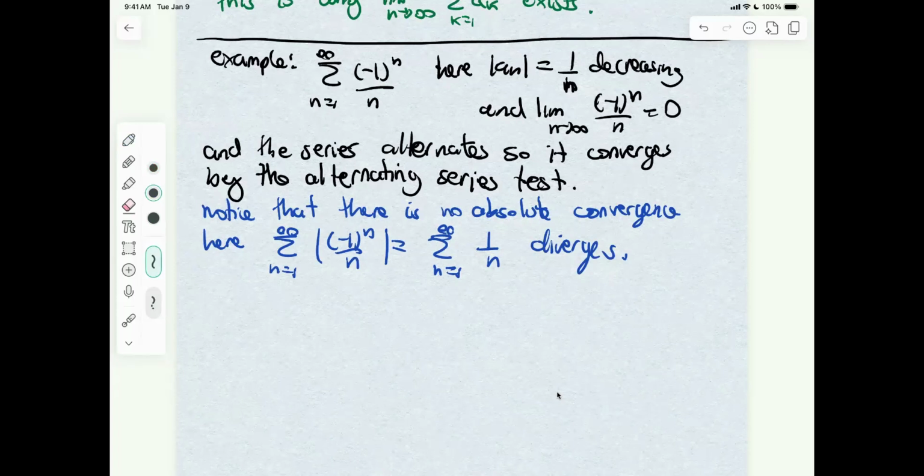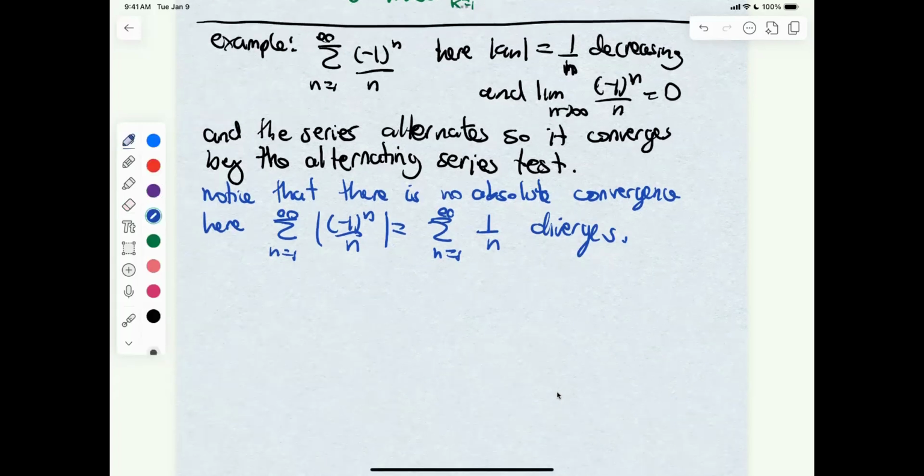And that is the last definition about all this convergence, divergence stuff, which is conditional convergence. So you say that a series converges conditionally if it converges, but not in absolute value. So that's the last definition before moving to the next topic. But let me write it down.